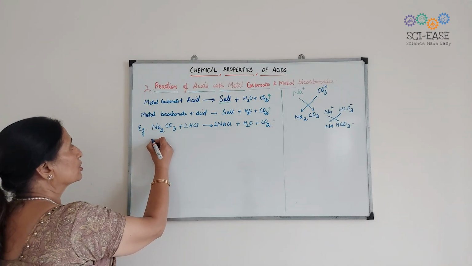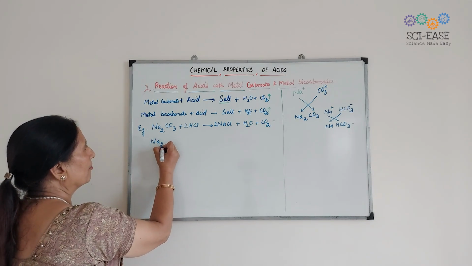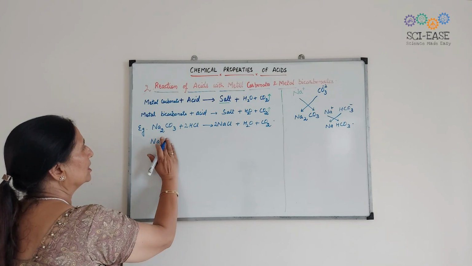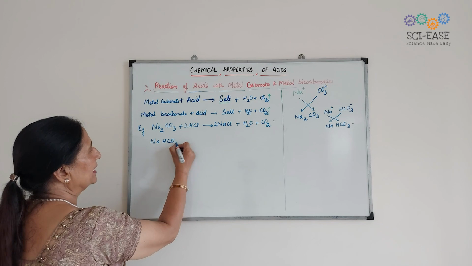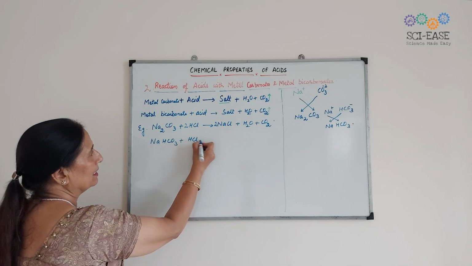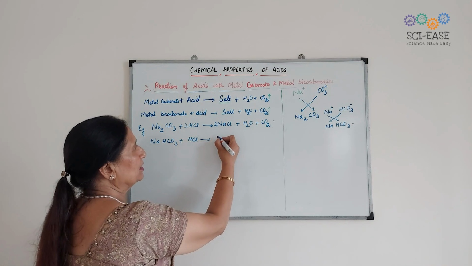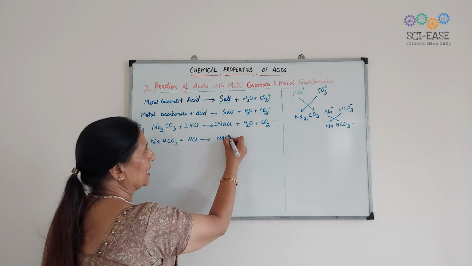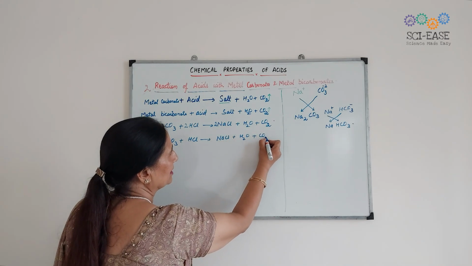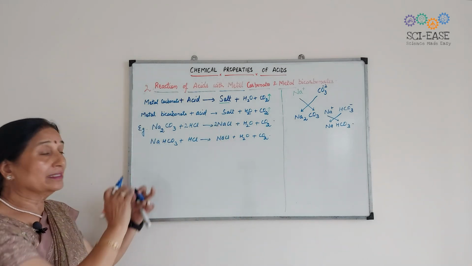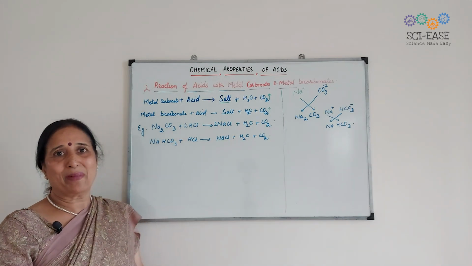Next is sodium hydrogen carbonate, with formula NaHCO3 plus HCl. This will result in the same products, NaCl plus water plus carbon dioxide. And this equation is already balanced.